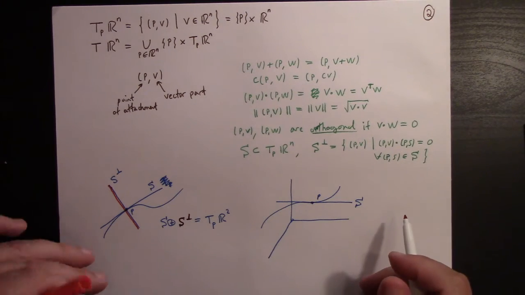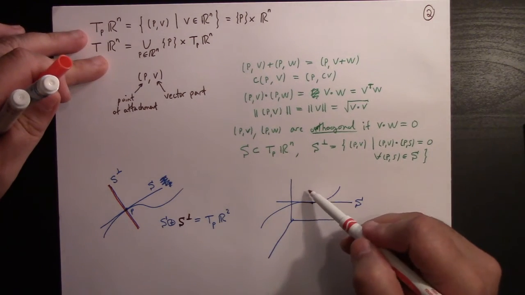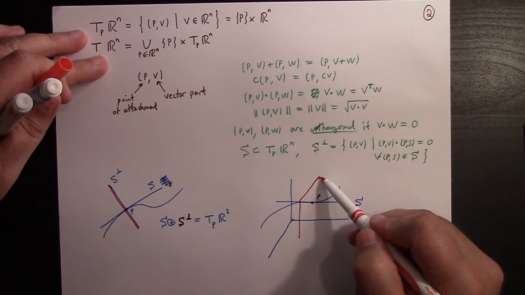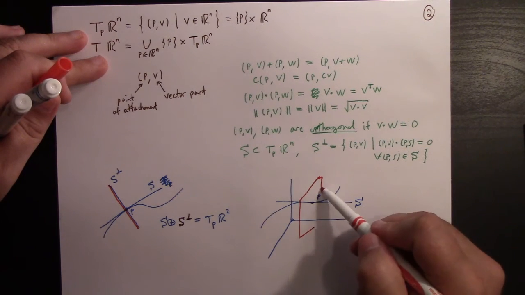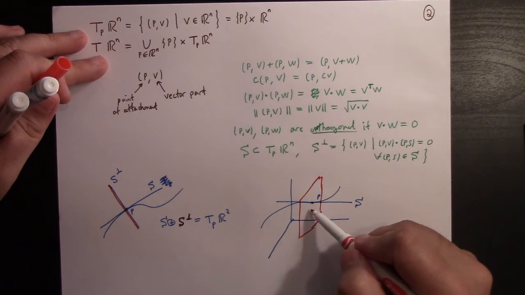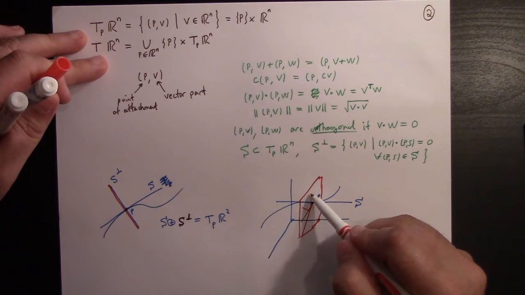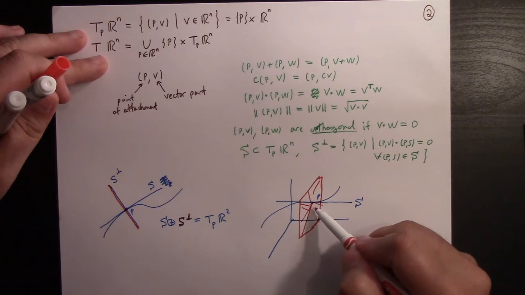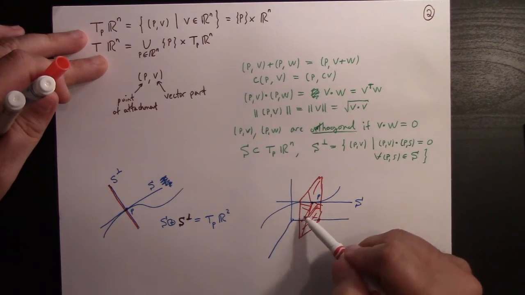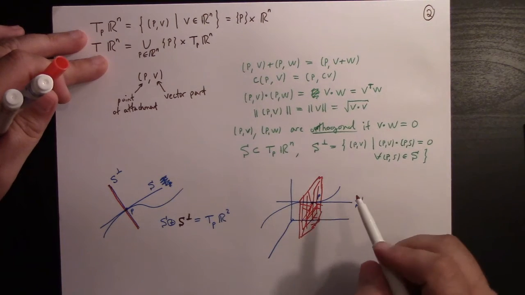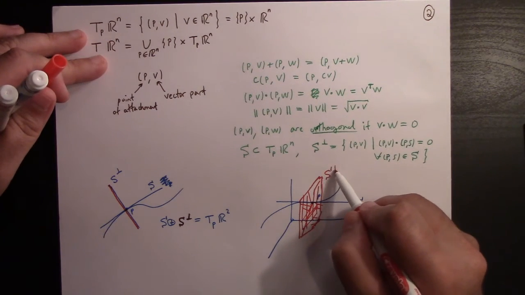All right. So in this case, the perp would be a normal plane, right? I mean, it'd be bigger than the other thing. Oh well, I was trying. It's sad. So there's your S perp.